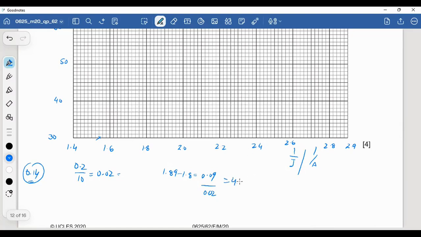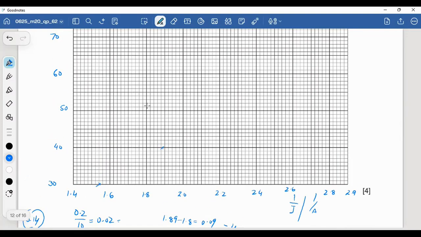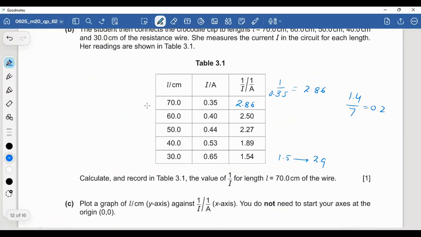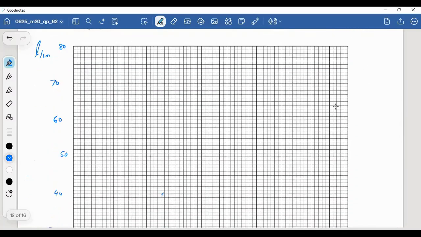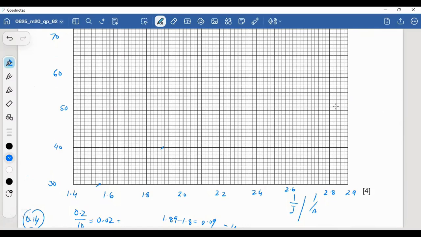So you need to move 4.5 boxes: 1, 2, 3, 4, 4.5. Got it? The next number is 2.27, which is after 2.2. 2.27 minus 2.2 divided by 0.02 is 3.5. We need to move 3.5 boxes.